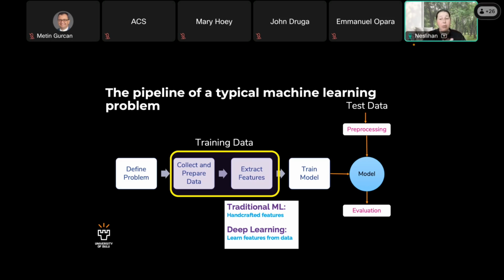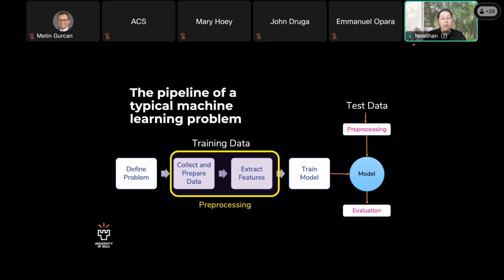It is really important in traditional machine learning. But in deep learning, features can be learned directly from the data, so we don't need to explicitly extract features. And during preprocessing, additional steps like feature scaling, dimension reduction, or feature selection may also be needed.